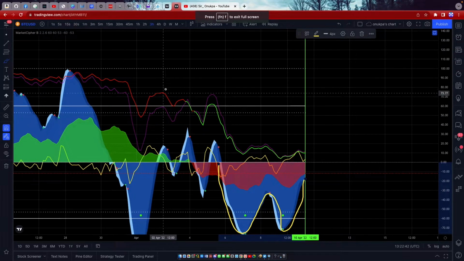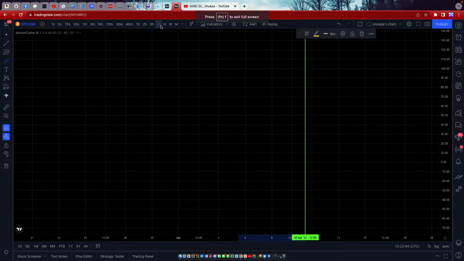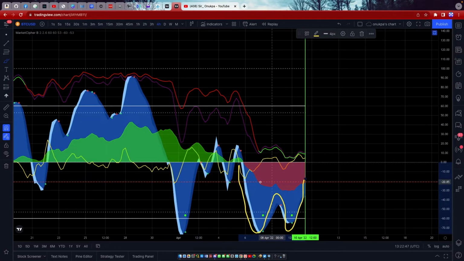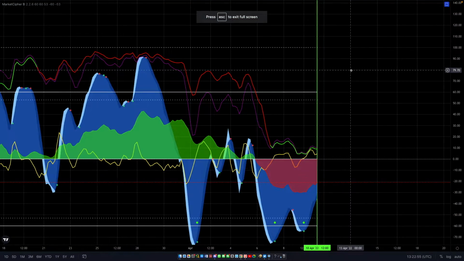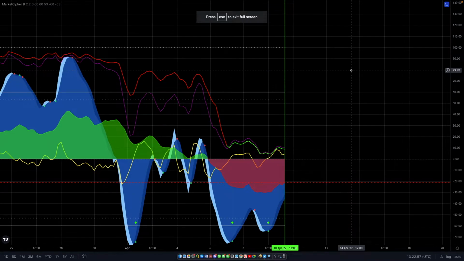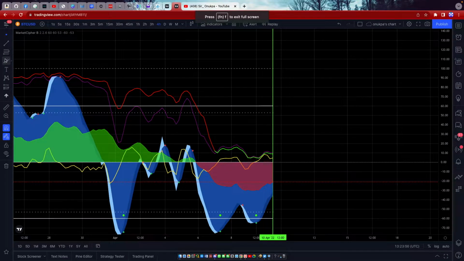So let's go to the 4-hour time frame, and I want us all to look at something. Let me remove this drawing. I want to assess the overall direction of an asset called Bitcoin that we are trading.